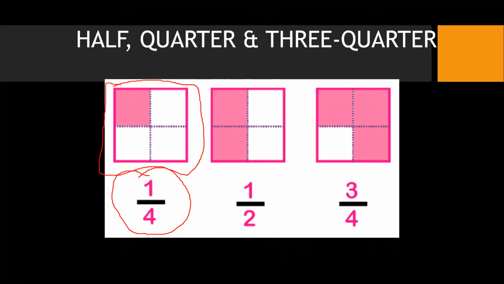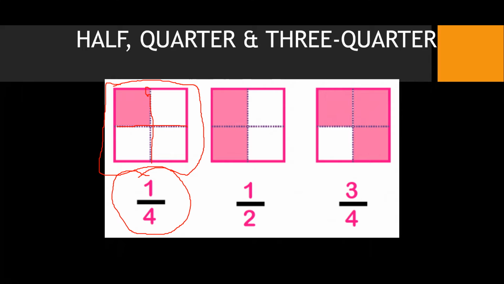Now, we cut in the middle. 1, 2. So when you cut like this, you will have 4 parts. Am I right? Just assume this is a square-shaped cake. Imagine your mom is taking a nice cake knife.